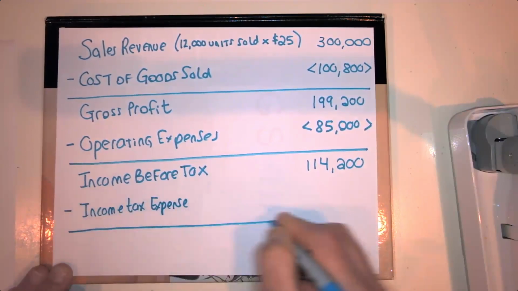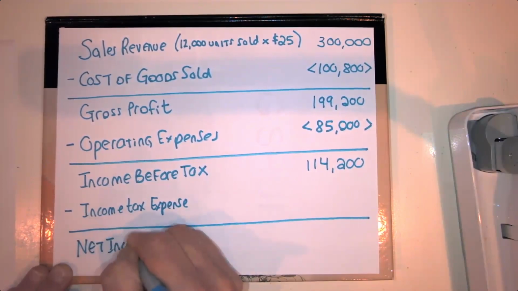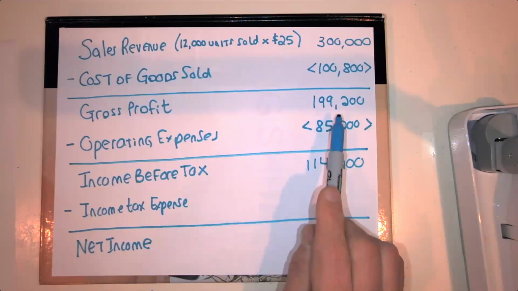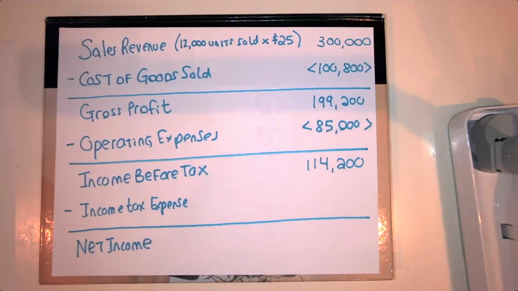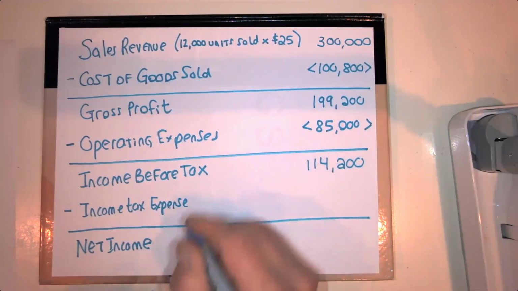So we can get down to net income. And the reason I want you to lay out your income statement this way is the income tax expense is not based on your sales revenue, and it is not based on your gross profit. We'll calculate the income tax expense based on that number right there, the income before tax.